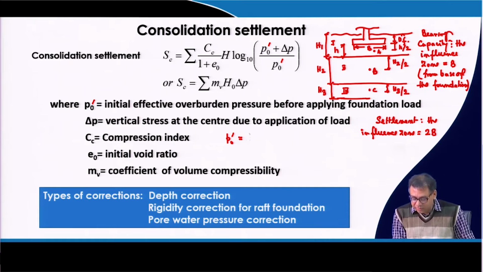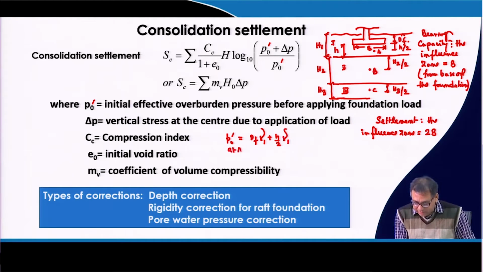So, P0 in this case will be gamma Df into gamma, or I should write gamma 1, because this is the top layer, the second layer, then plus h by 2 gamma 1. So, that is P0 at A. This way I can calculate P0, but remember that this is effective, it is not total.